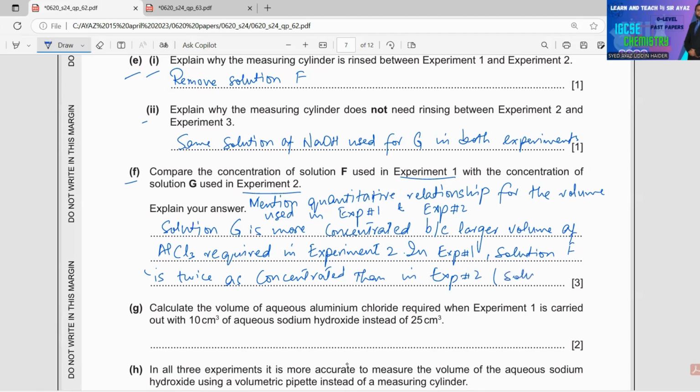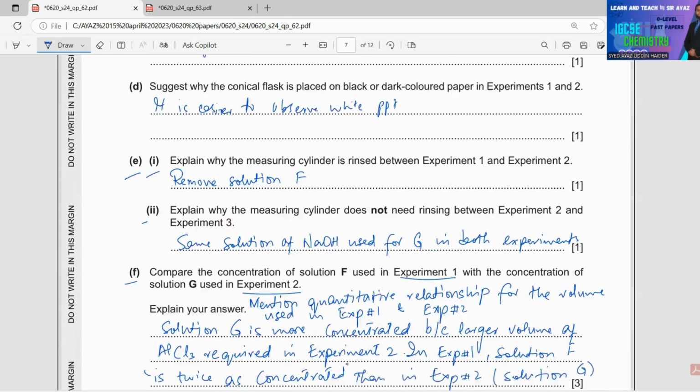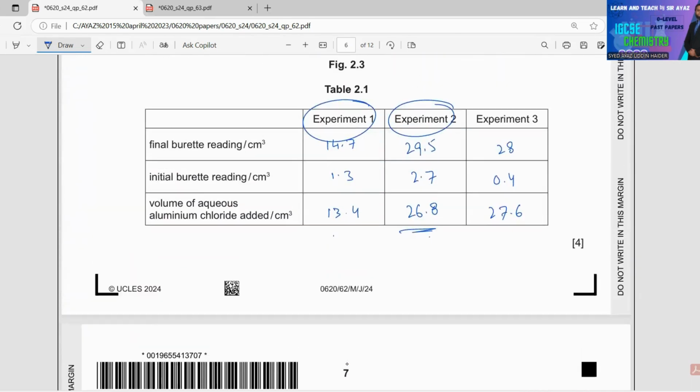We are talking about solution G here. If you see here, the volume used 13.4 is almost half of 26.8, which means here F is 2 times concentrated than this one.